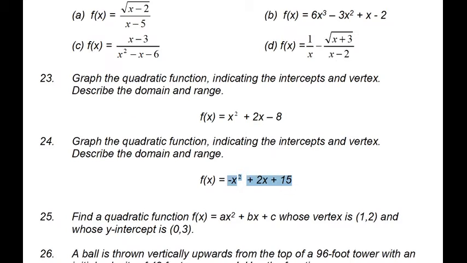So basically what you want to do is look at the factors, right? The factors of 15 that will give you -2. So the factors of 15 are 5 and 3. But to get a -2, you need a -5 and a +3. So when you solve for this, x will equal 5 and -3.